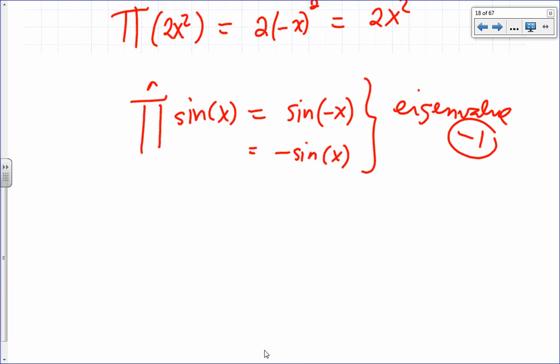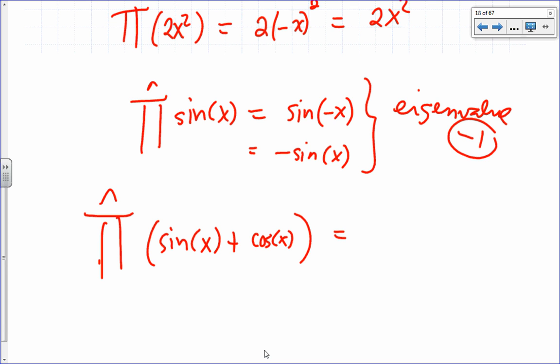What about sine x plus cosine x? Is that an eigenfunction of the parity operator? That's going to give you what? Sine of negative x plus cosine of negative x.